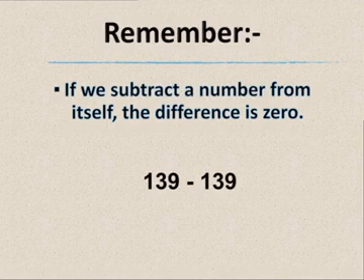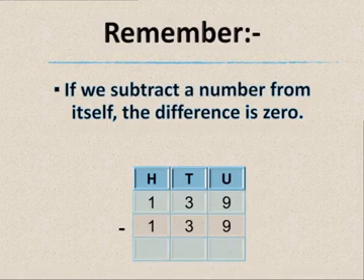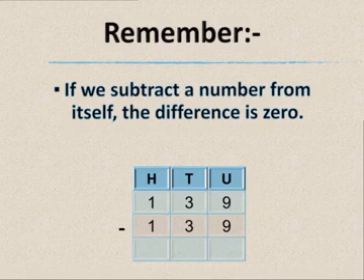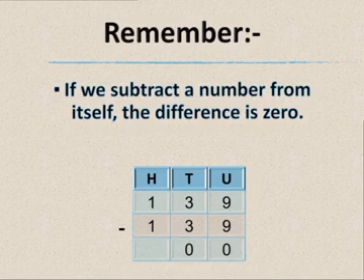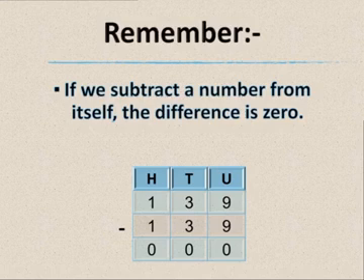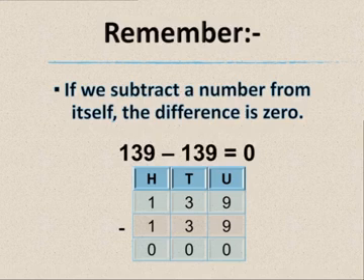Let's subtract 139 from 139. 9 minus 9 is equal to 0. 3 minus 3 is equal to 0. 1 minus 1 is equal to 0. Therefore, 139 minus 139 is equal to 0.